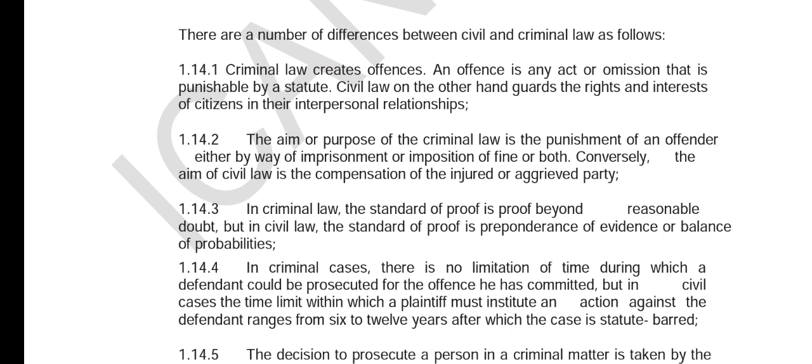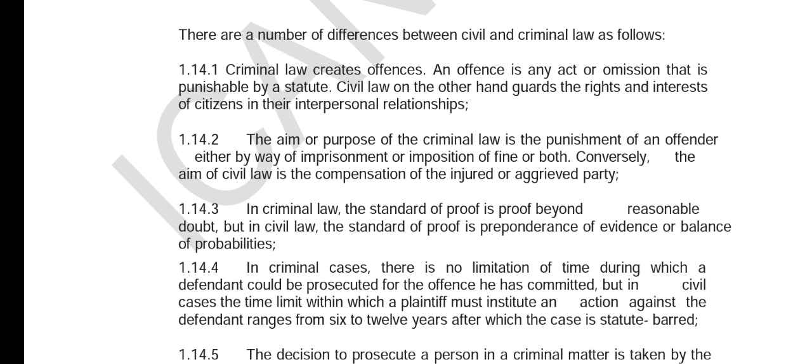In civil law, you find that it protects the interest of people, the interest of citizens in their day-to-day activities. So the criminal law creates offenses, while civil law, on the other hand, guards the rights and interests of citizens.